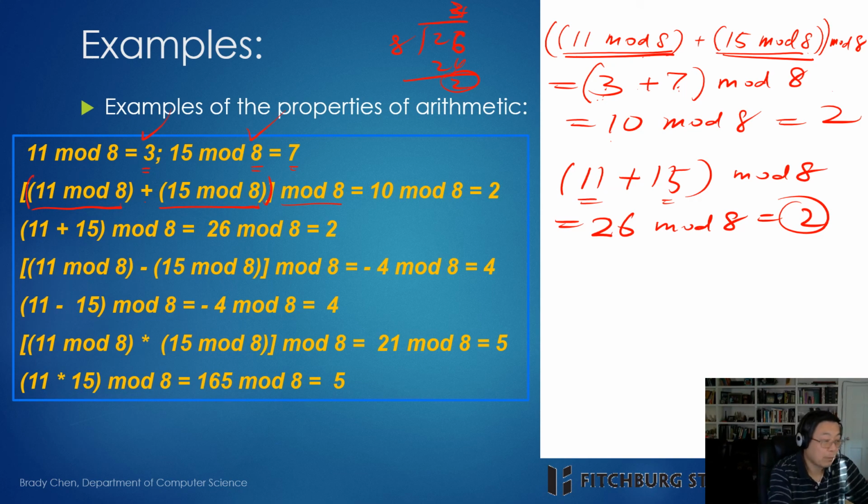That's expected because that's the property of modular addition. So this is 2, and this is also 2. The same thing holds for 11 mod 8 minus 15 mod 8. And then the multiplication.